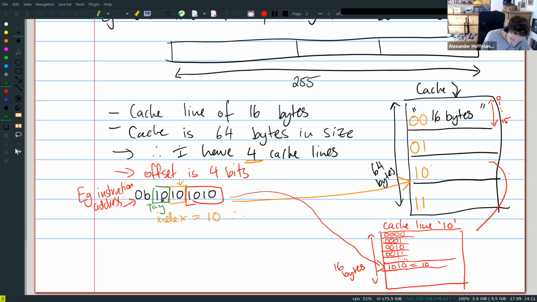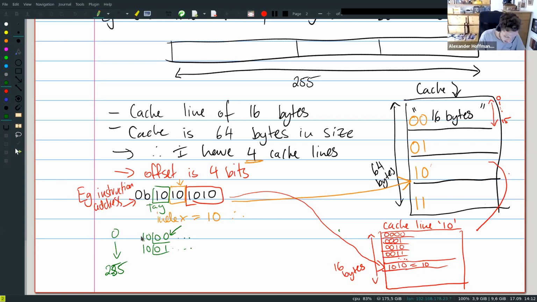Because you can imagine, if we look at all the memory addresses from 0 to 255 in binary, there'll be addresses like 1000 with this being the index, then 1001 with this being the index, but they'll all land in different indexes, meaning different cache lines.